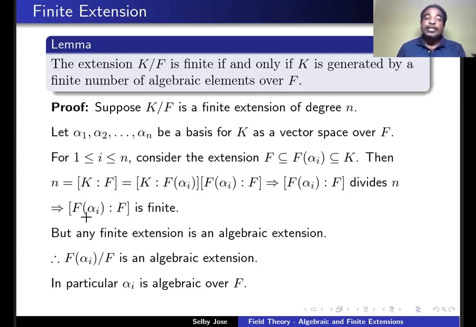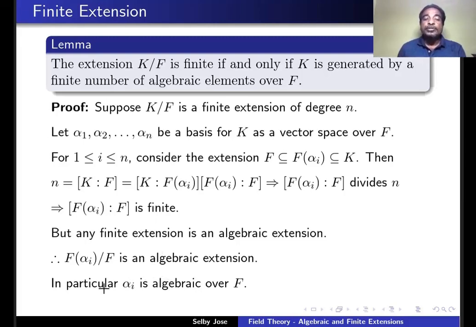That means that the degree of the extension F(alpha i) over F is finite, so F(alpha i) over F is a finite extension. But we know that any finite extension is an algebraic extension. Therefore, F(alpha i) over F is an algebraic extension.